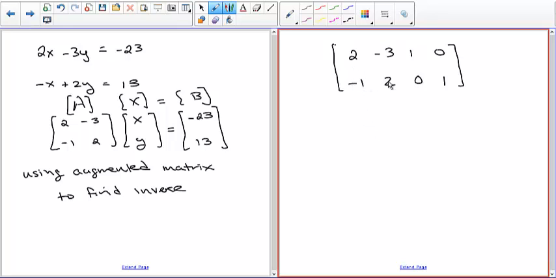So we'll do the same thing in this case. We'll switch the first and second rows. Again, you have to do whatever's appropriate. We're going to multiply the first row by -1.